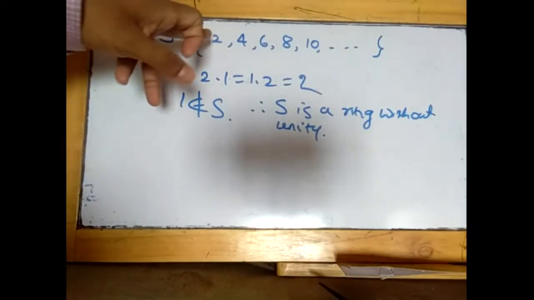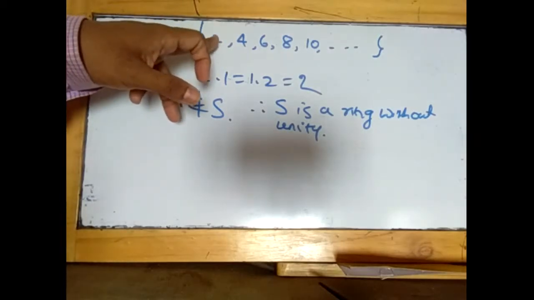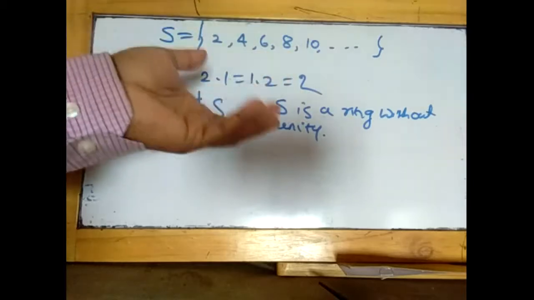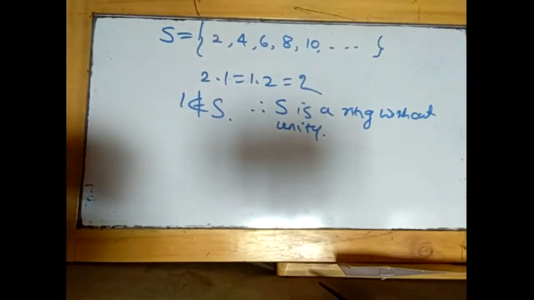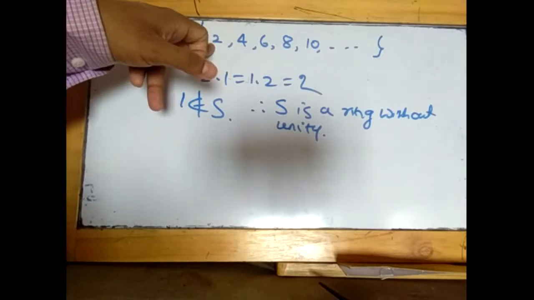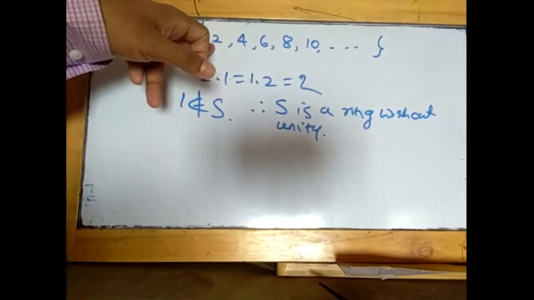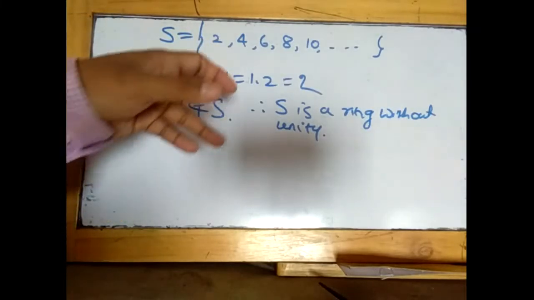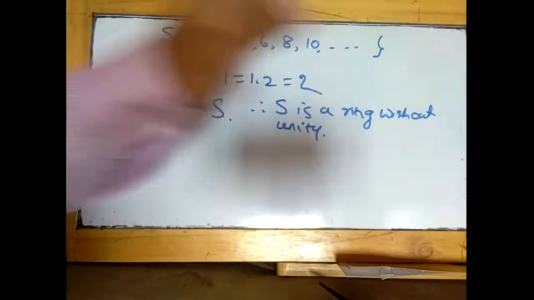Okay, because take one example. So 1 into 2 gives 2, or 1 into 4, 4 into 1 gives the same number 4. But 1 does not belong to the set of even integers. So 1 is an odd number. So 1 does not belong to the set of even integers. So it does not have any unit element.